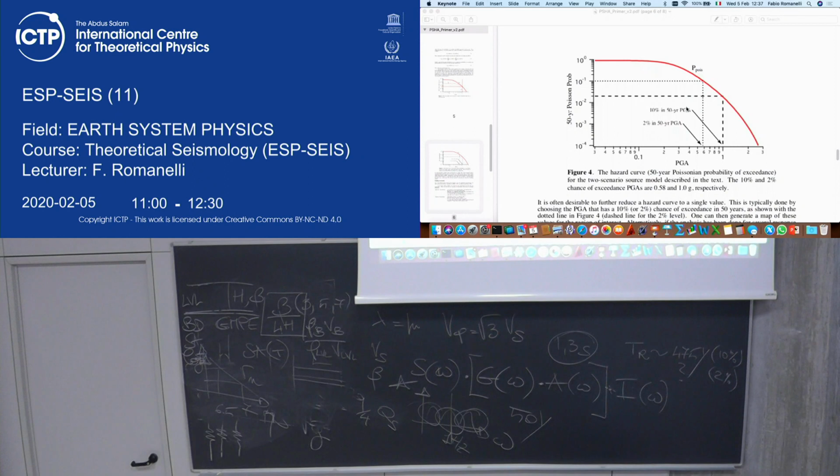Pay attention, because here there is a typo, this one and this one should be reversed. So for example, now you have the hazard curve, you multiply by 50, you get this one, and you decide a percentage. Do you like 10%? Good. 10% is here, you read this value, and that's the value that you put on the map.